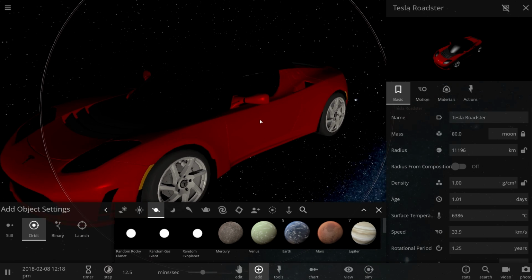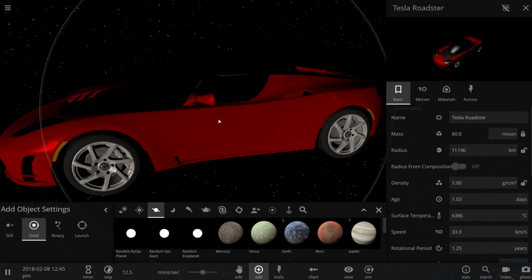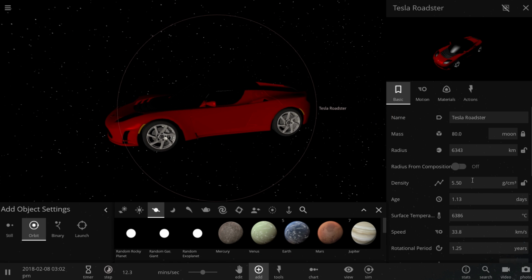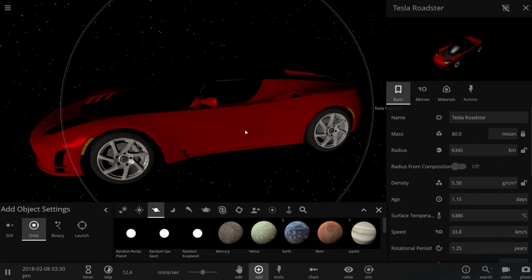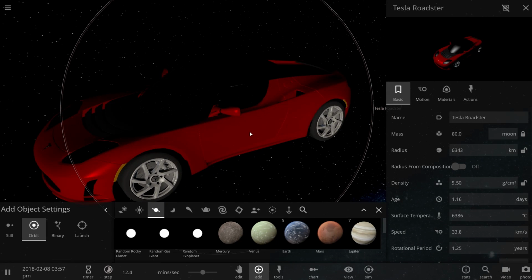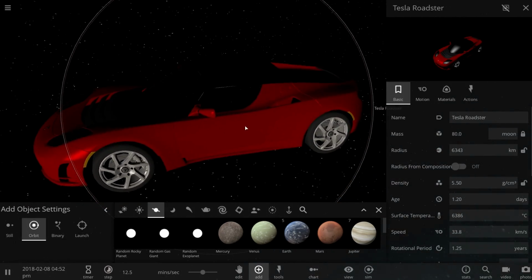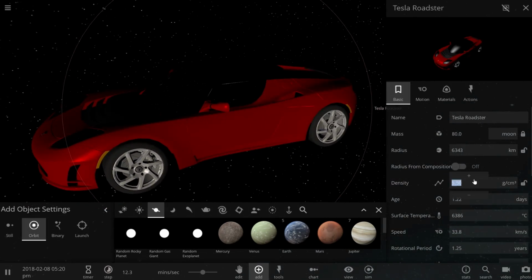So this right now is basically an ice-like object, 1 gram per cubic centimeter. To make this more Earth-like, we have to change this to 5.5. So this would be an Earth-like object, size of Earth, mass of Earth, and pretty much the density of Earth as well.